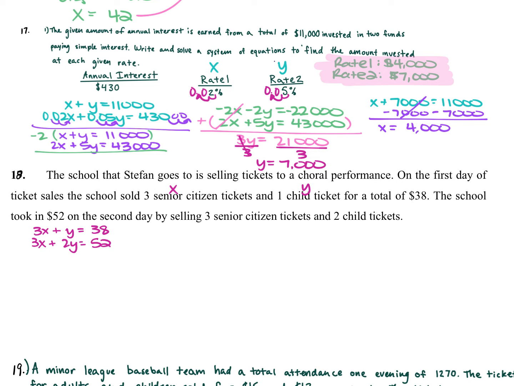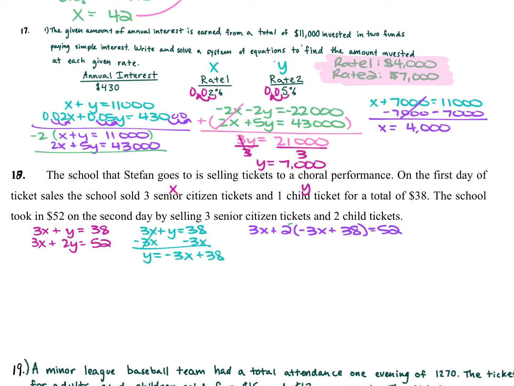You would take the 3x plus y is equal to 38. Subtract your 3x over and get that y is equal to -3x plus 38. If you then plug this into the bottom equation, since we haven't worked with the bottom equation yet, you're going to have 3x plus 2 times (-3x plus 38) is equal to 52.